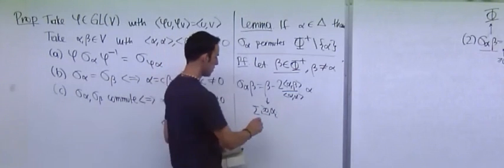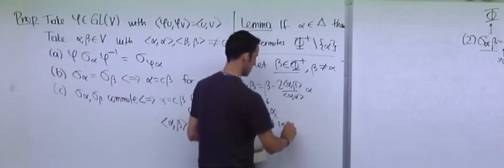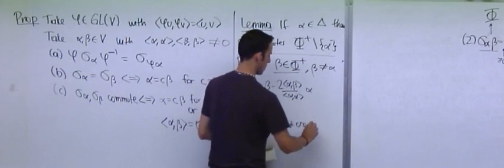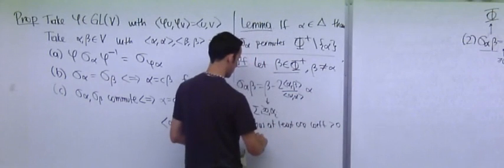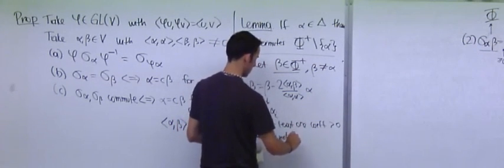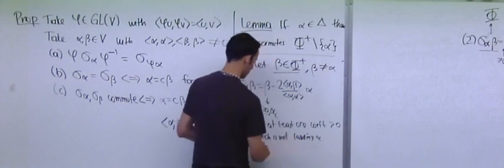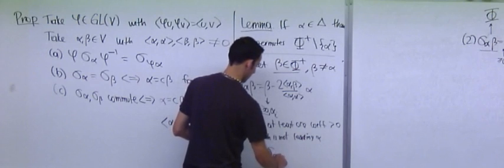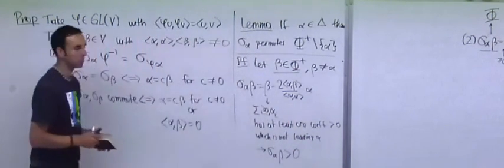So this thing has at least one coefficient greater than 0, which is not the one on alpha. So sigma alpha of beta is positive. Okay.